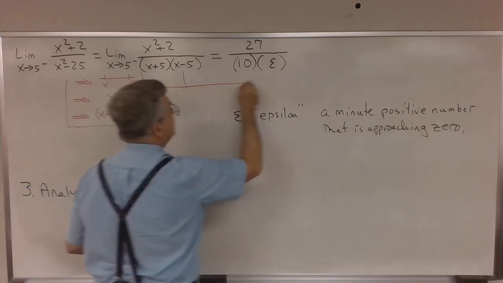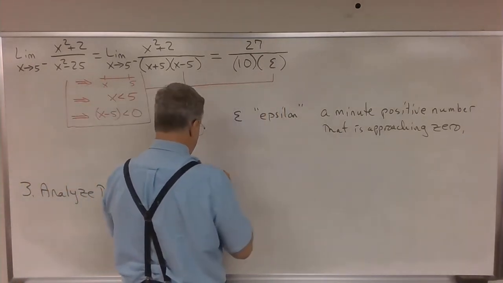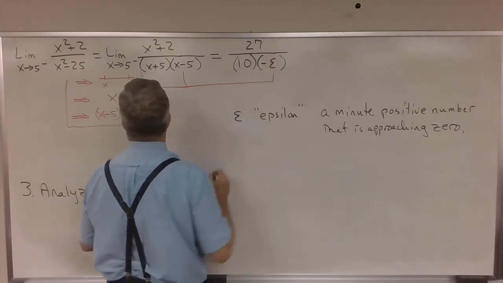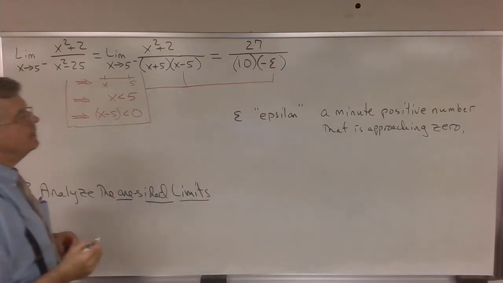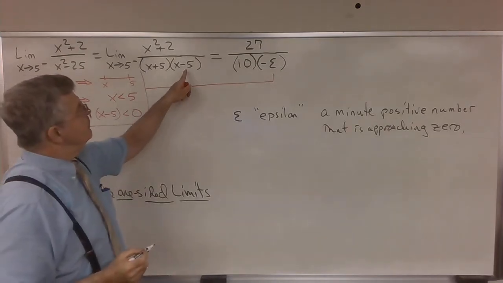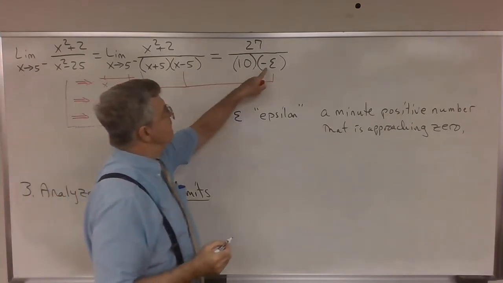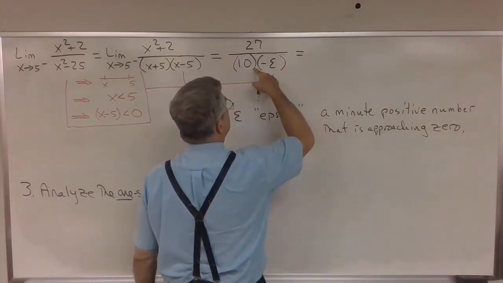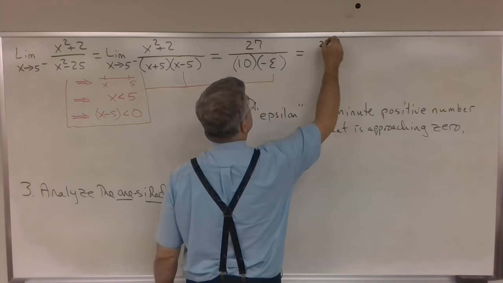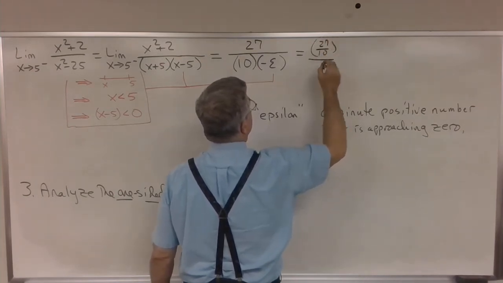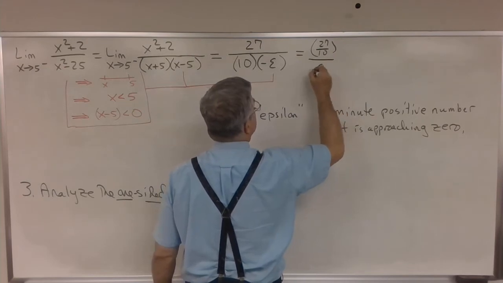Okay. So I need to put a negative epsilon here, to denote that this factor x minus 5 is negative. And now I'll rewrite this as 27 over 10 over negative epsilon.